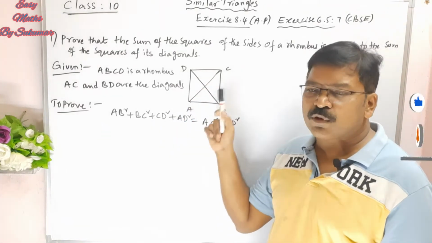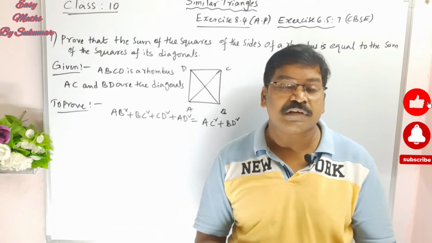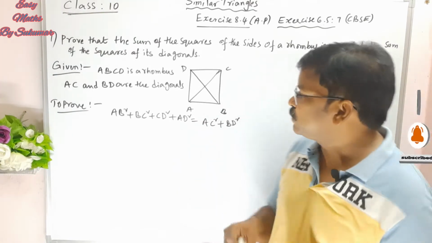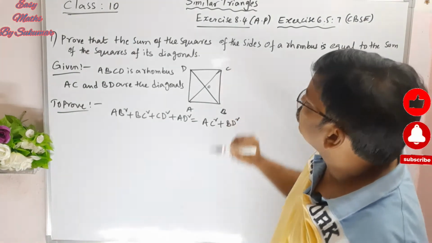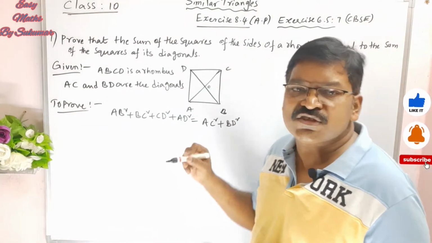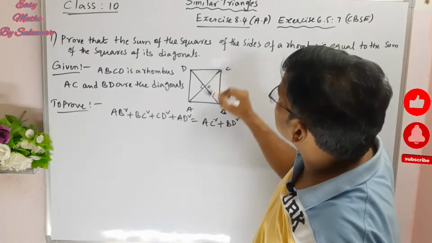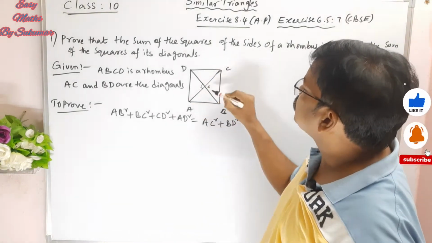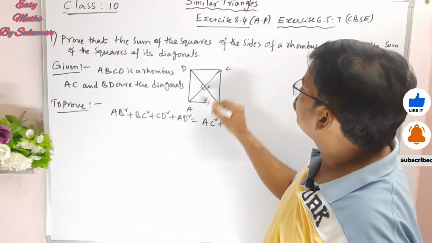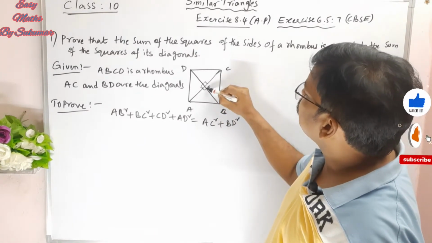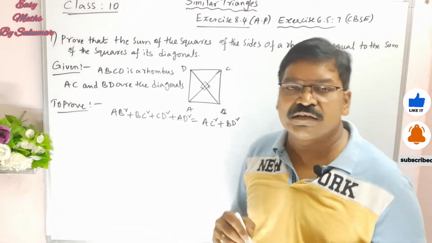And the most important, special property of the rhombus is that the diagonals bisect at right angles. That means if they intersect at O, these diagonals bisect at right angles. So angle AOD is 90, angle AOB is 90, angle COD is 90, and angle BOC is also 90 degrees.